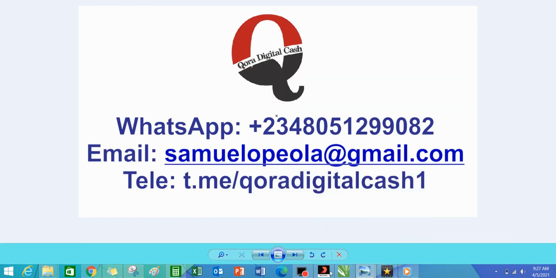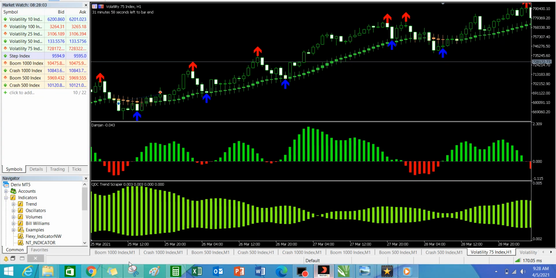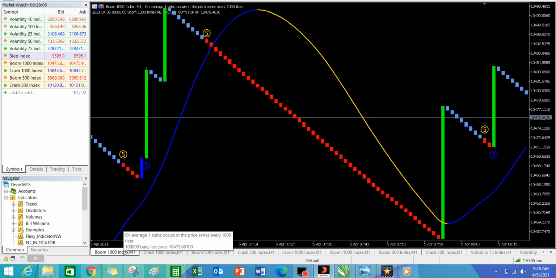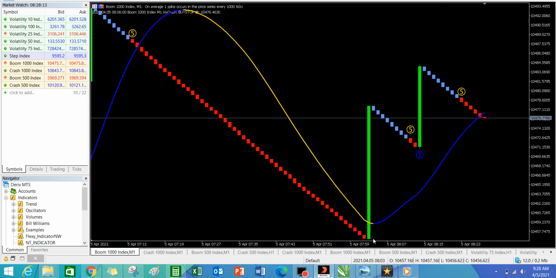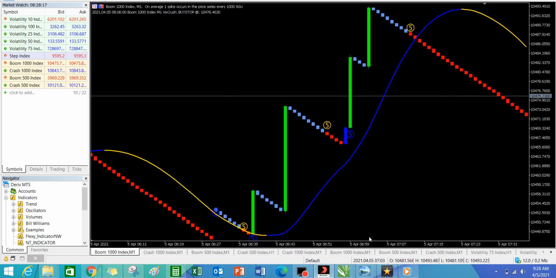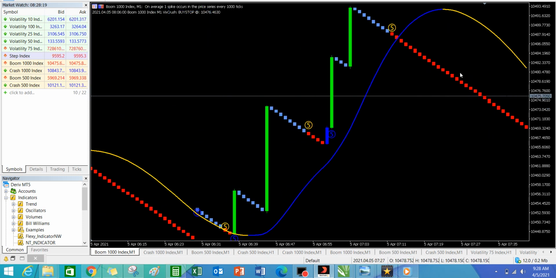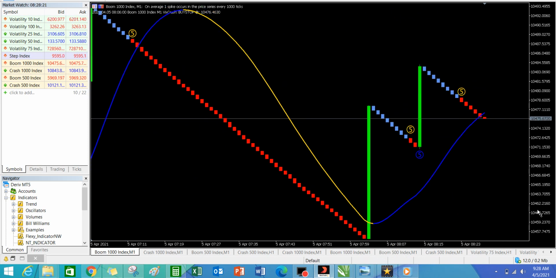Before we go fully into what we have today, let's quickly do some market analysis so that you will understand what is happening in the market. As we can see, Boom 1000, I'm using the signal indicator. It was on downtrend before, but got to this support level. It has gotten to this support level before, which led to a full uptrend, and you can see the yellow line change from yellow to blue after spiking up, which means that we are going back on full uptrend.